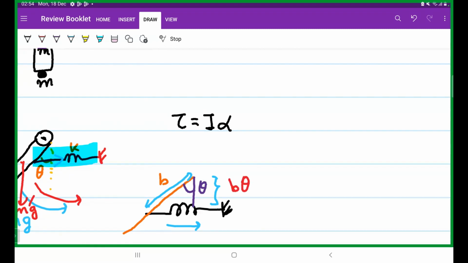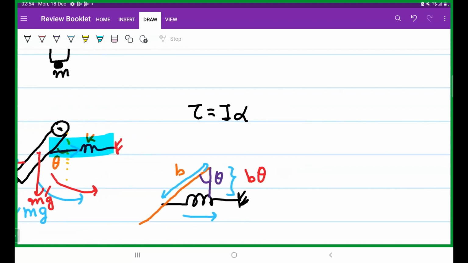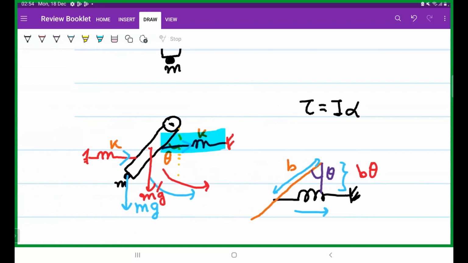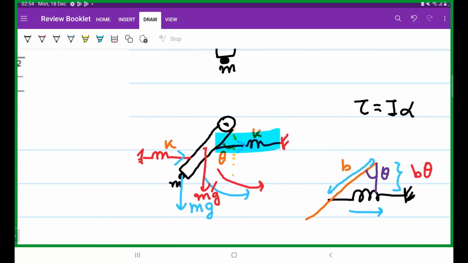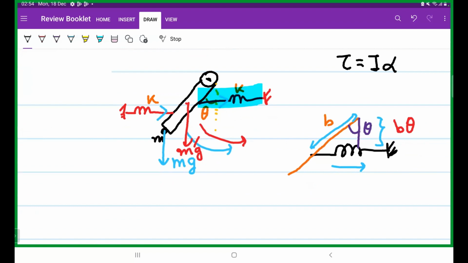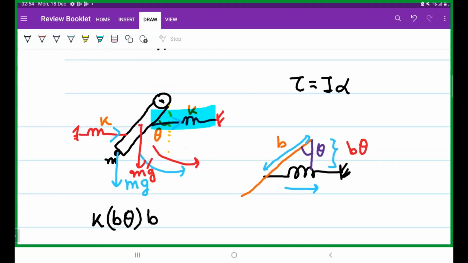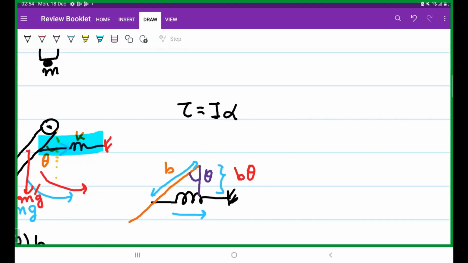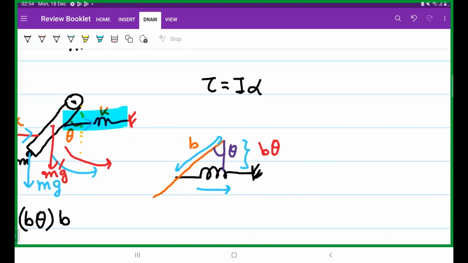This is assuming that theta is very small, which is when angular SHM takes place. So k b theta, and this spring has been stretched for an angle.